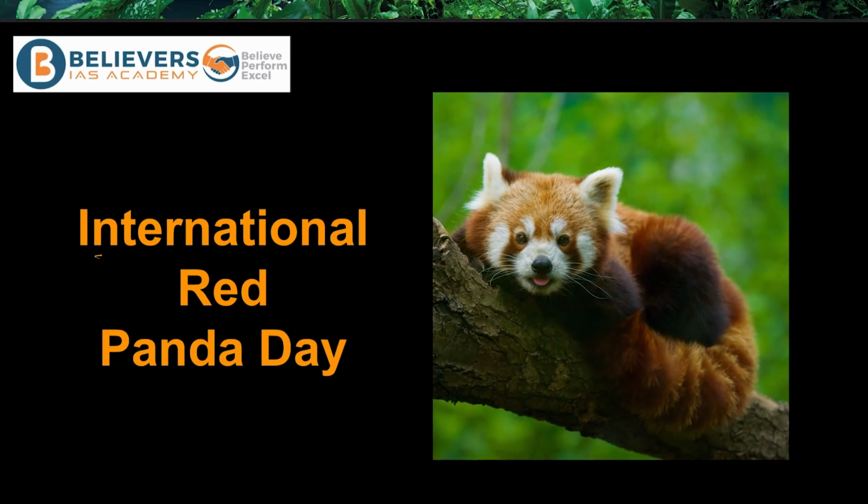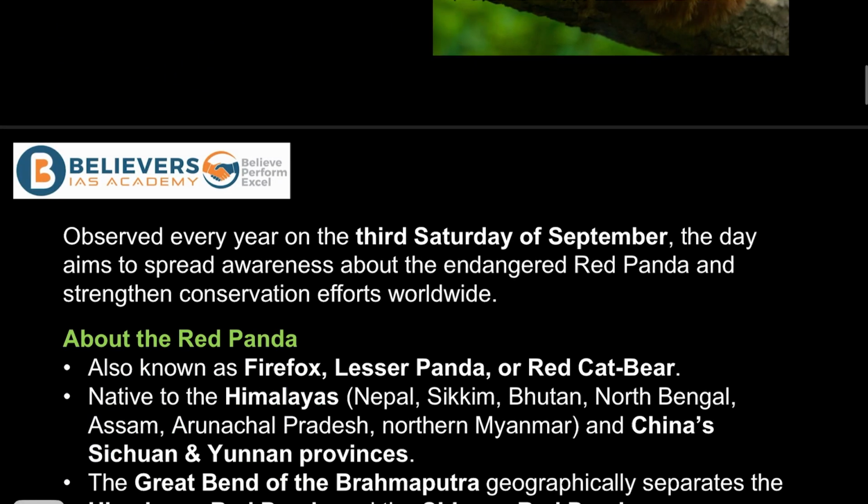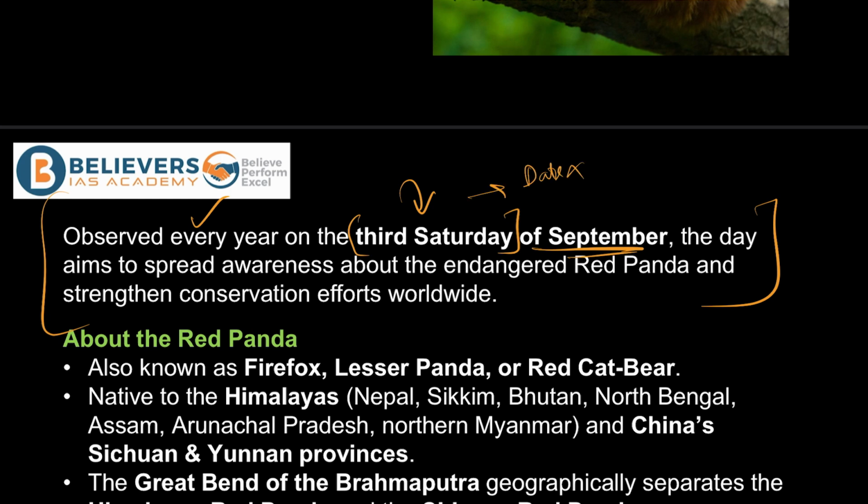The first one is the red panda, because of the recently observed International Red Panda Day. So, what is the context? It is because of the recent observation of Red Panda Day, which generally gets celebrated on the third Saturday of every September, so there's no specific date.